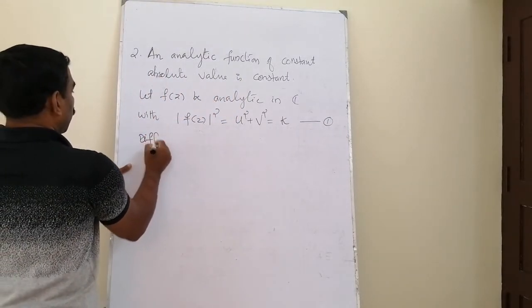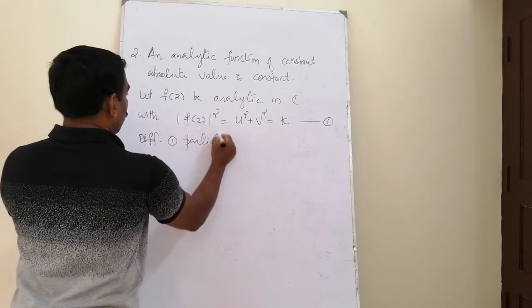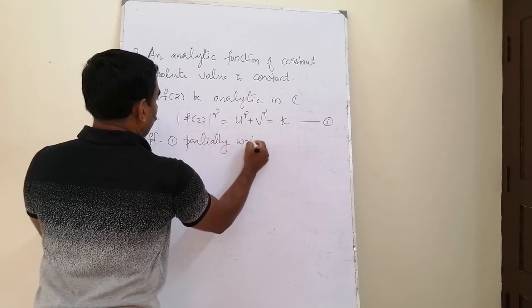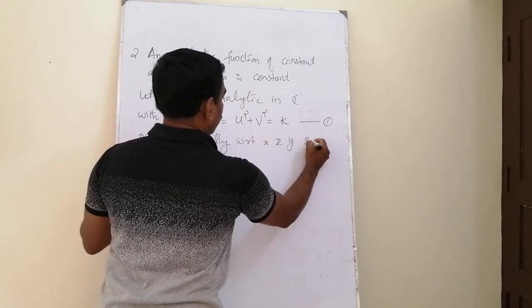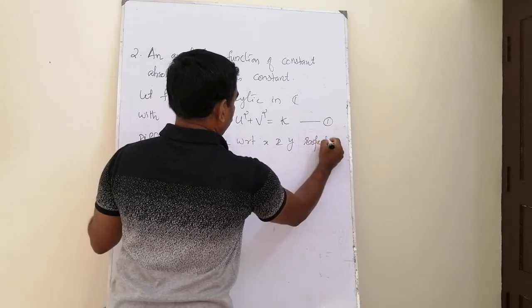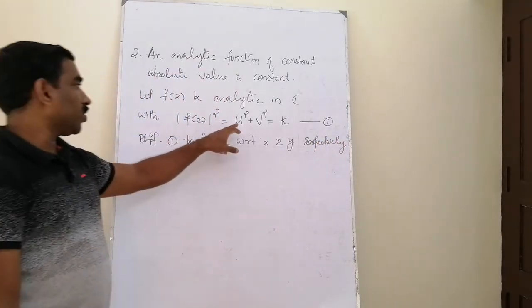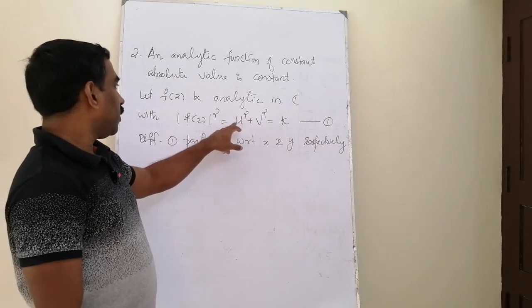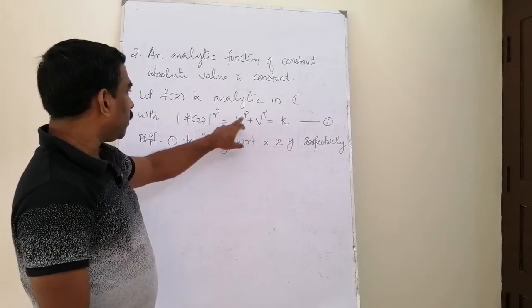Now differentiating this equation number 1 partially with respect to x and y respectively. Because u and v are functions of x and y, if we partially differentiate this equation number 1 with respect to x, what we get?